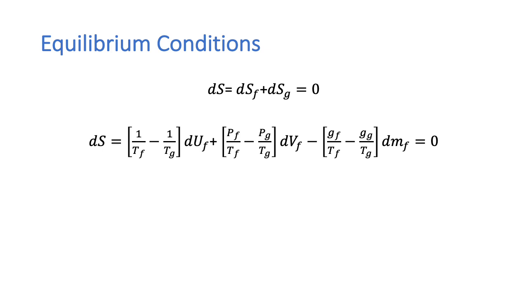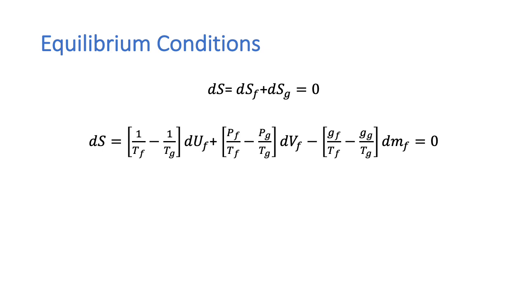If we substitute the expressions for dS_F and dS_G that we just calculated from the Gibbs equation, dS is equal to (1 upon T_F minus 1 upon T_G) times dU_F plus (P_F upon T_F minus P_G upon T_G) times dV_F minus (G_F upon T_F minus G_G upon T_G) times dM_F, and this must equal 0.